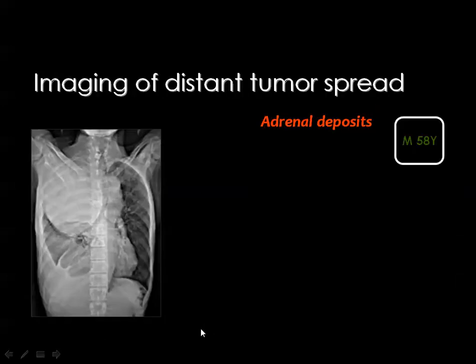Then in order to assess the distant tumor spread, the adrenals and the brain are very common sites for metastasis by bronchogenic carcinoma.